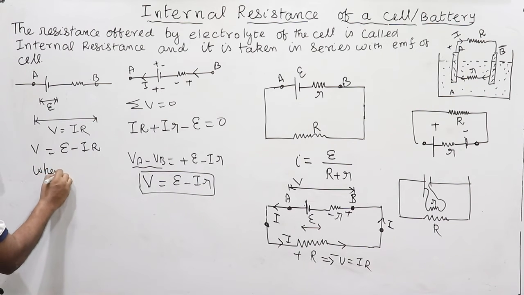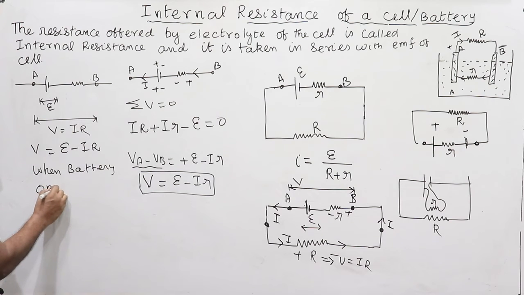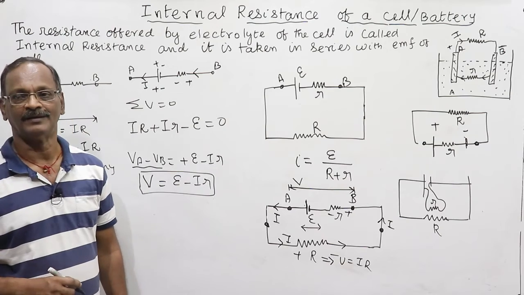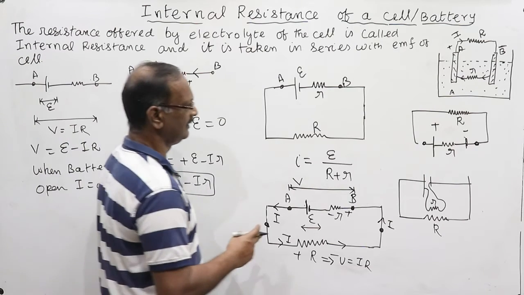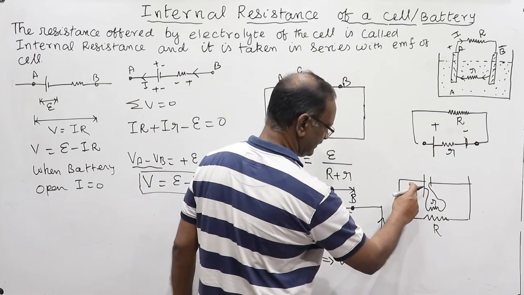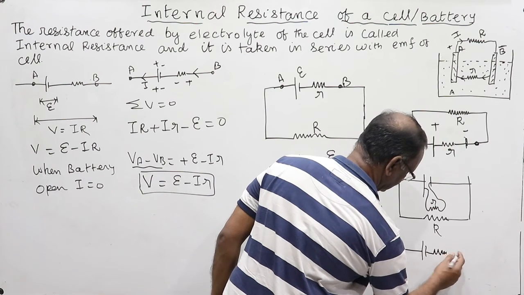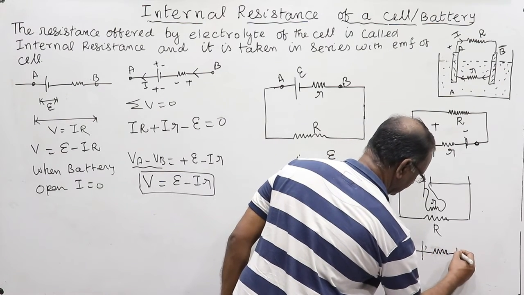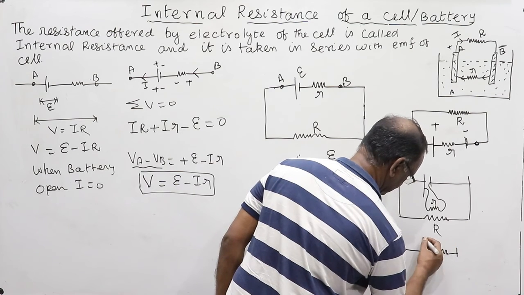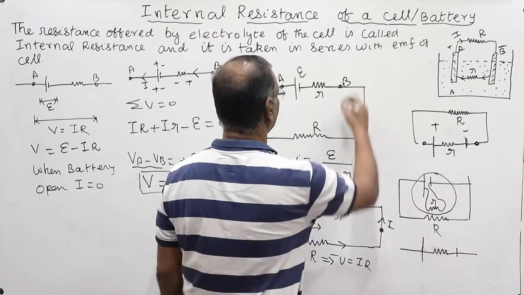When the battery, that is the cell, is open, then I is equal to 0. Because these calculations come in between, the circuit should be like this, with the negative side and the positive side, but instead we draw it like this.